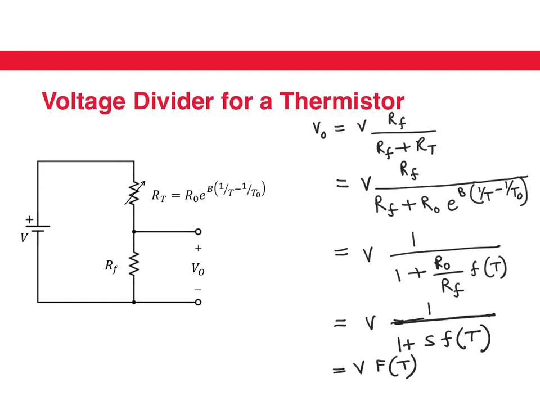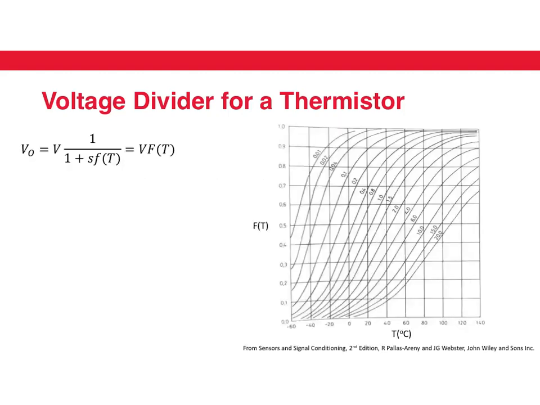Now there's a reason why I'm doing that. This actually helps us to choose and use thermistors, and that is what I'm trying to explain in this particular slide. If I plot this f of t versus the temperature for different values of S, remember what S is?